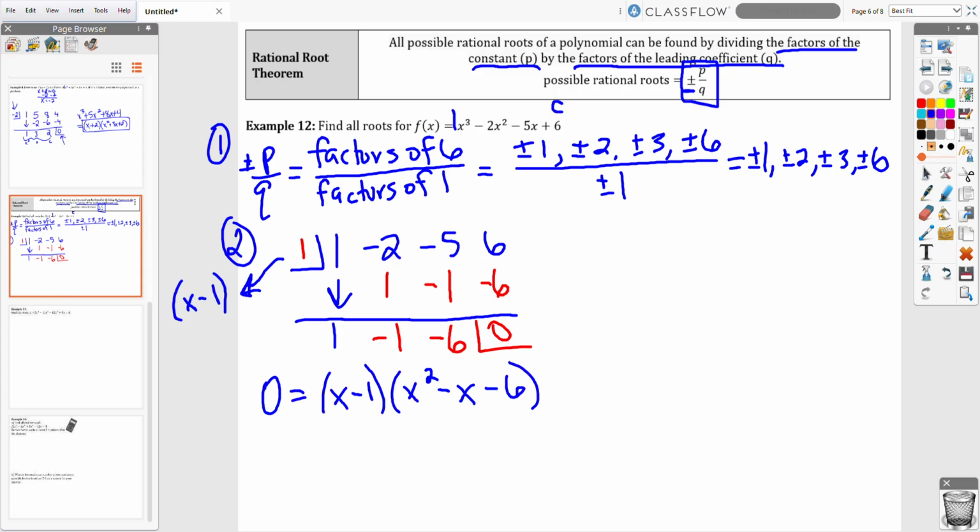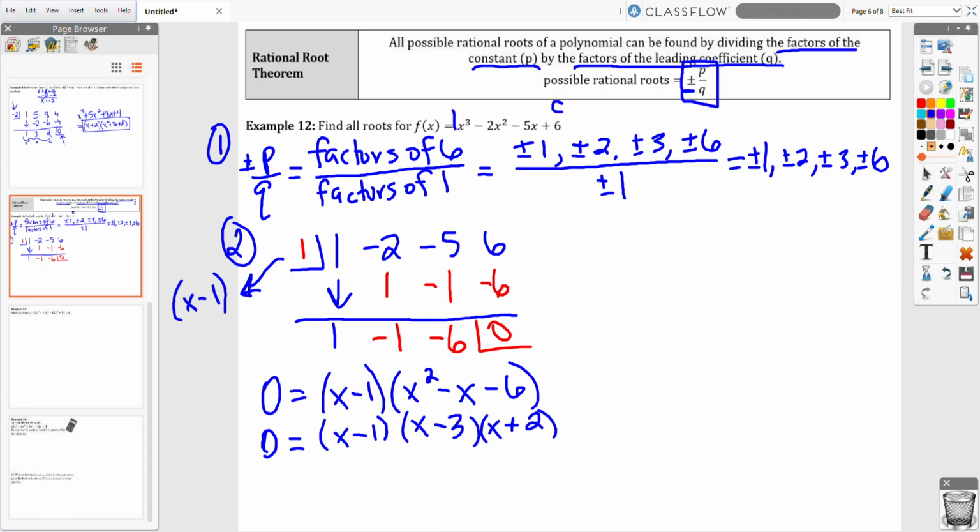And then from here, we can see if that quadratic factors using the methods we learned last year. So we need to think, are there 2 things that multiply to -6 and add to -1? And we do have numbers that do that. So the 2 numbers that multiply and add correctly are going to be -3 and +2, because -3 times 2 gives you that -6, and -3 plus 2 gives you that -1.